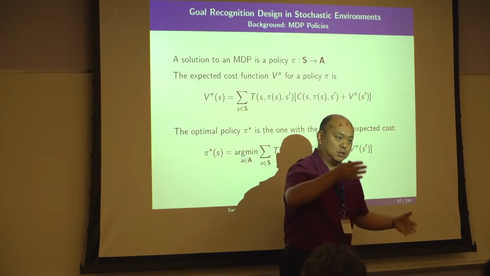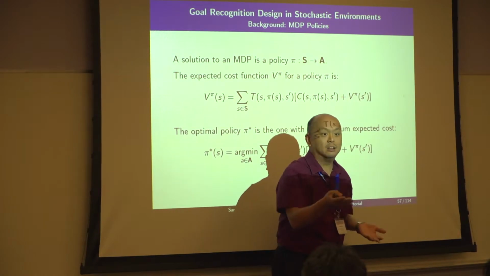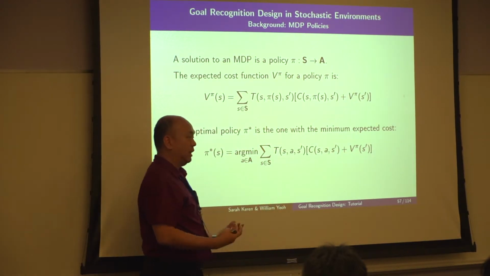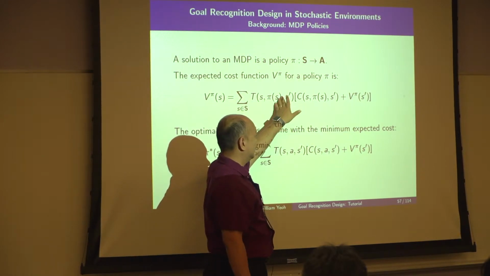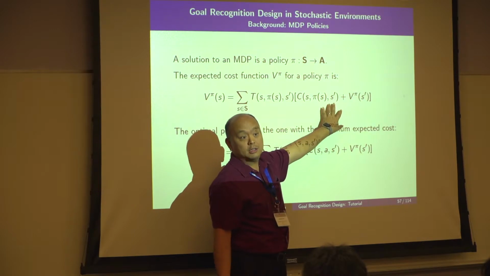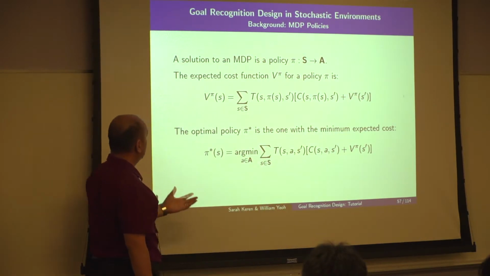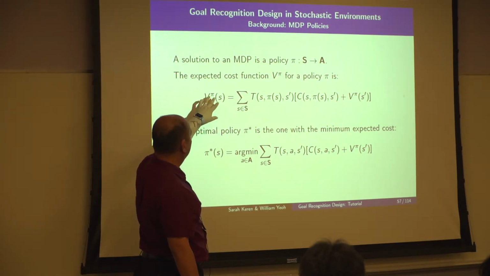So if it's a deterministic action, then the value of this policy is the path length. Right? But in a stochastic setting, you need to take the expectation over all possible successor states and the associated costs. So this is the definition for the value of a particular policy.